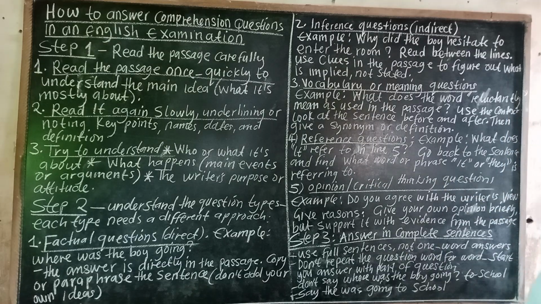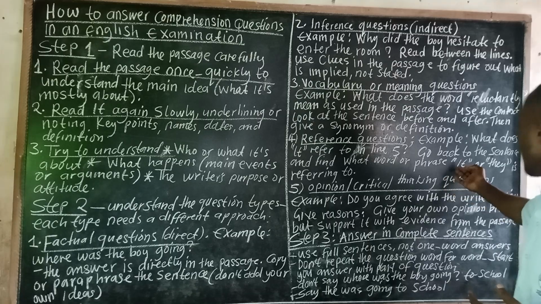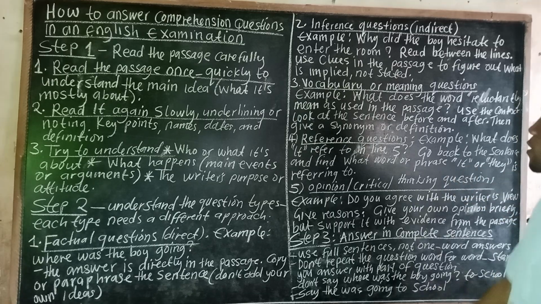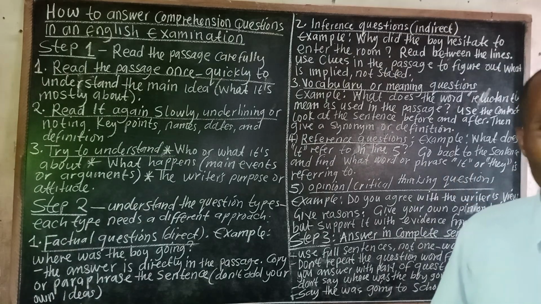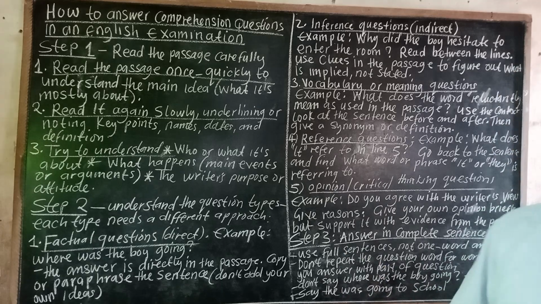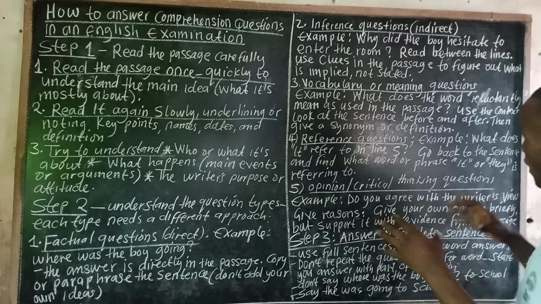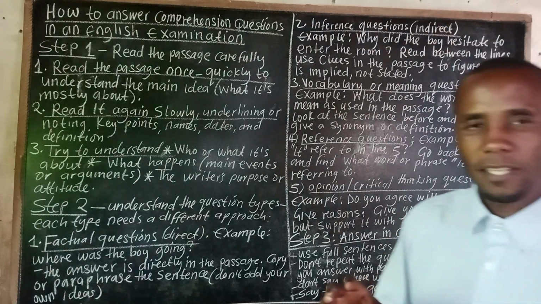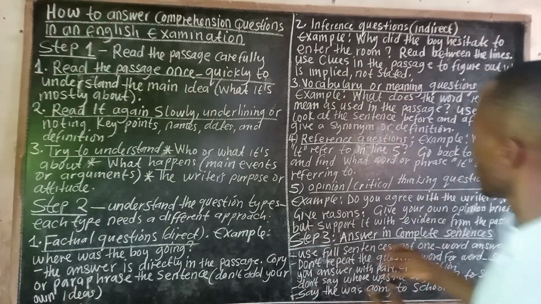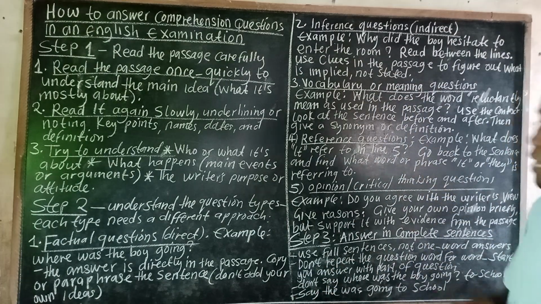Then go back to the sentence and find what word or phrase it or they is referring to. That is how you can answer. Just go back to the sentence and see what it or they is referring to. Then you'll be able to give the correct answer.